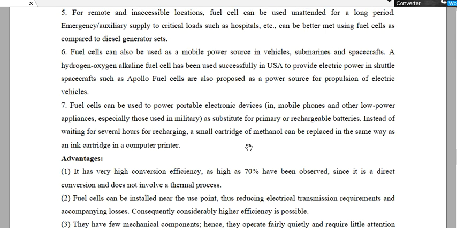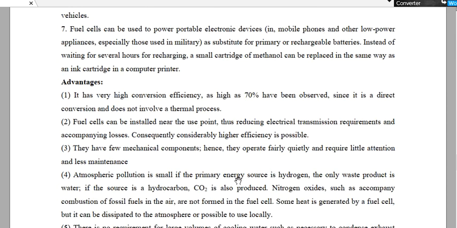Now if we talk about advantages of fuel cell, then we know that it gives very high conversion efficiency, because chemical energy is directly converted to electrical energy, and the conversion efficiency is of the order of 70%. Now fuel cells can be installed near the use points, that we have also discussed in the application part.